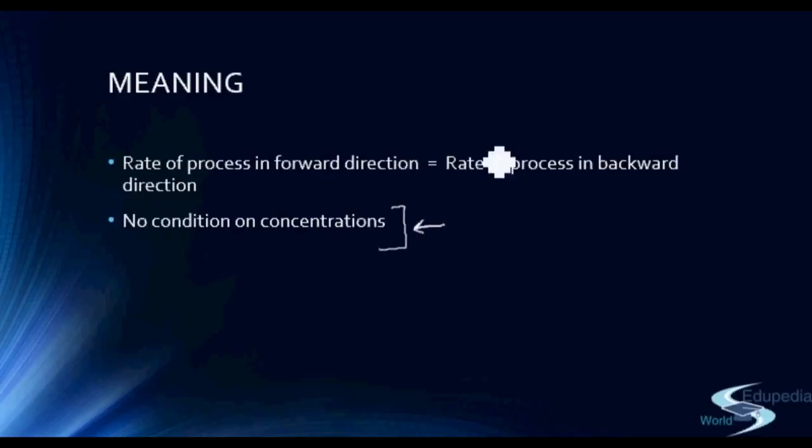The fundamental definition is only derived from the rates of reactions in the forward and backward direction, and based on this we might derive some other conditions, some other constraints, which can define equilibrium in a much better way. For now let's only take rates into consideration and forget about anything else like concentrations, pressures, volume, temperature. Let's forget about all of that for now.